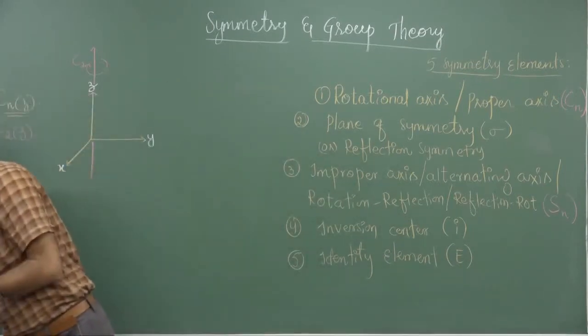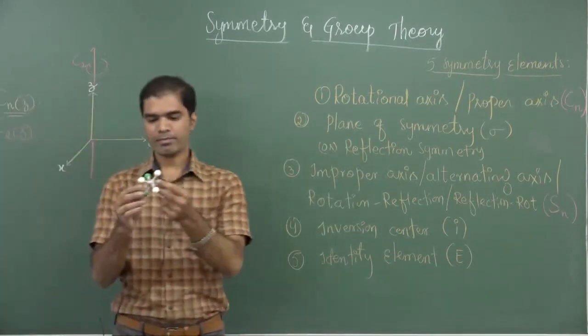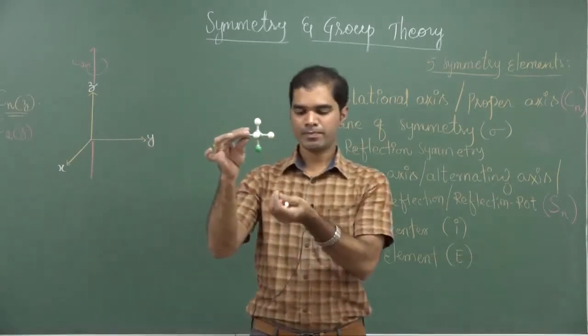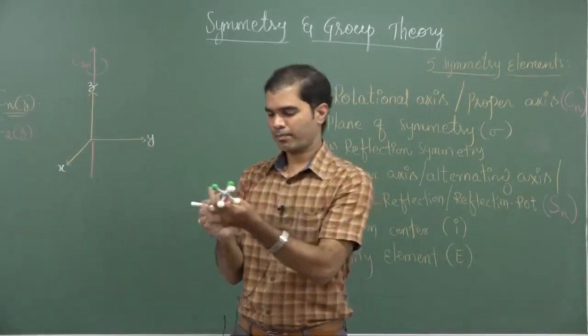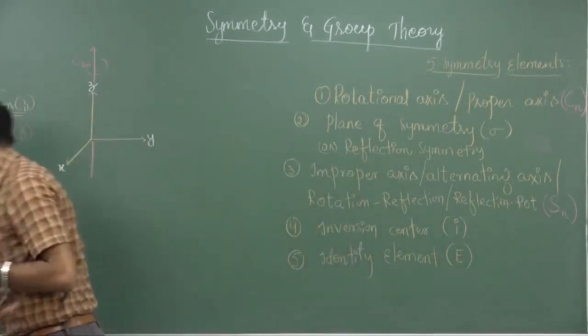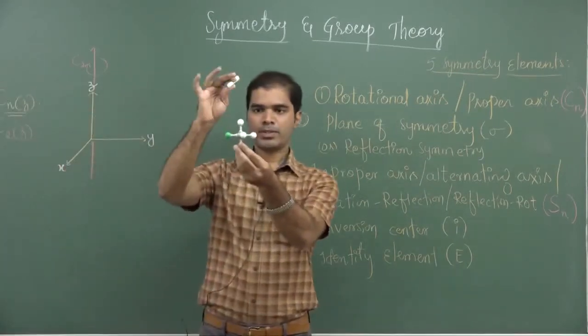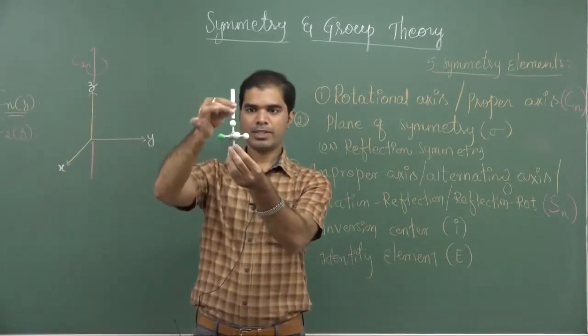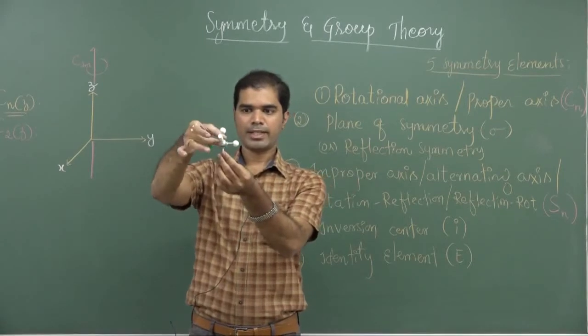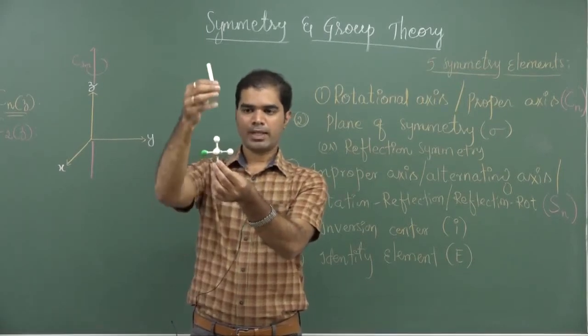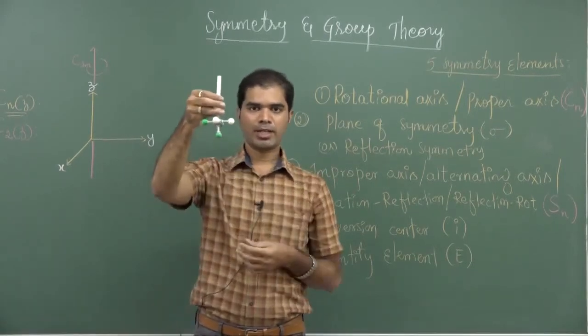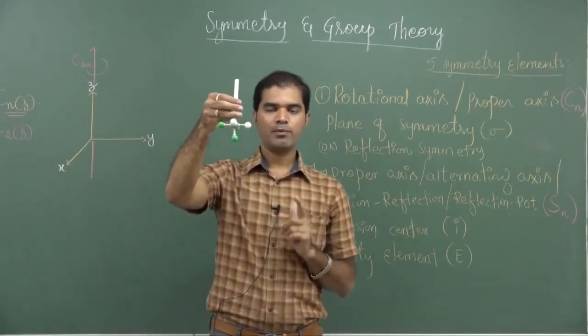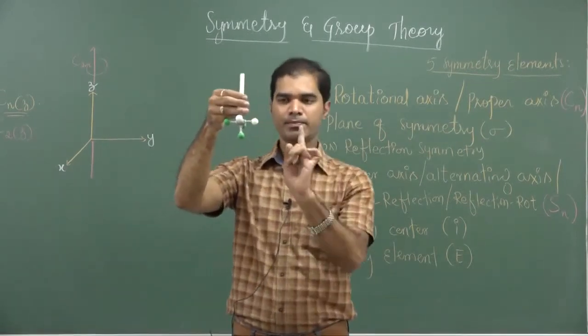So for a better view, I will show it here. Suppose I am holding it this way. Now Cn along the z axis. So this is the z axis, with conventional x and y. Along the z axis, if I am passing a rotational axis, we are trying to rotate by 180 degrees.